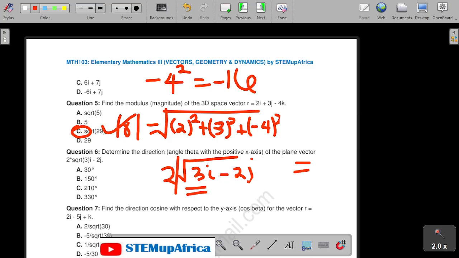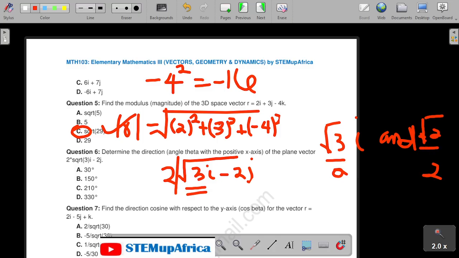So we're having 2 dividing root 3 for the I. Then here minus 2, minus, we have root 3 over 2 for the I, and we have a root 2 over 2 for the j.